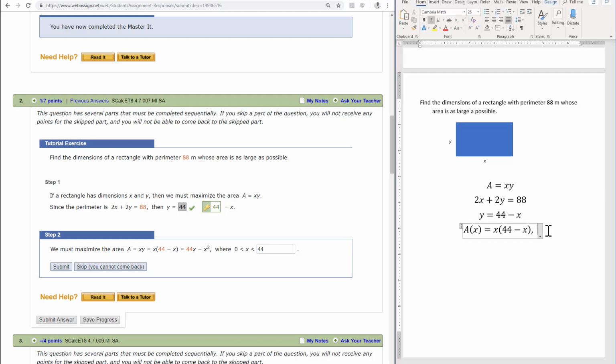It's good to note we have x can go as low as 0. When it's equal to 0, then the area is going to be 0, which isn't going to make much sense, but we can include 0 or not include 0, so it doesn't really matter. So 0 less than x less than 44 is our domain.